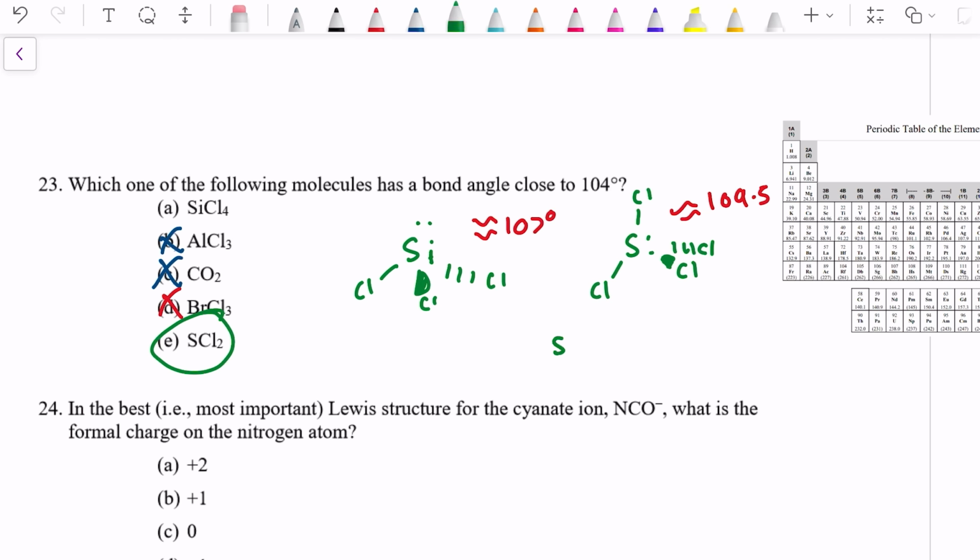And if you have 2 lone pairs, which was the case we had in E, you'll get closer to 105. So as you add lone pairs, it's going to go down, and these are the numbers you can expect. For tetrahedral style atoms, adding in lone pairs will push the bond angles closer. So 23E.